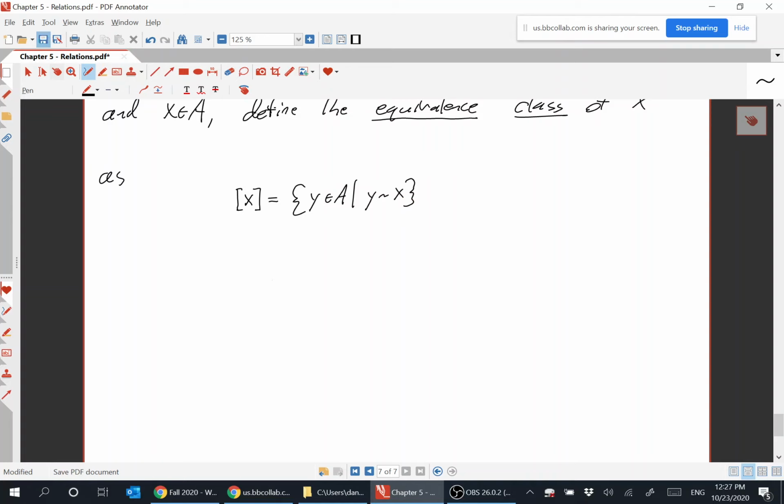Now, what I'd like to do is take a look at equivalence classes of equivalence relations, but before that, there's an especially important theorem that we need to look at.